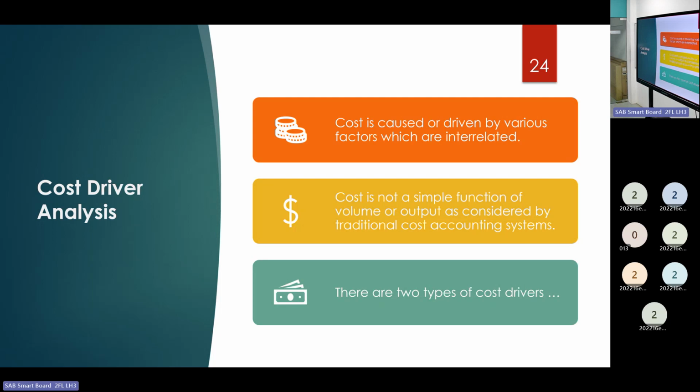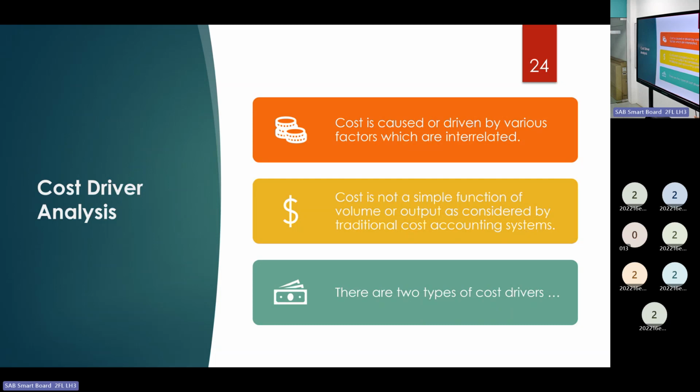Cost is driven by various factors that are interrelated, and it is not a simple function of volume or output as in a traditional cost accounting system. Traditionally, the story is that as the number of units increases, cost increases. There are so many factors that drive cost. So in this cost driver analysis, we identify these cost drivers.